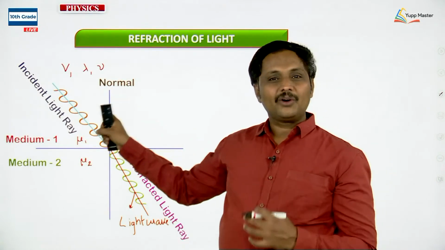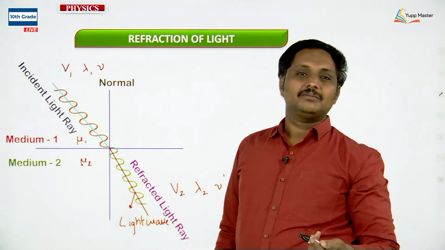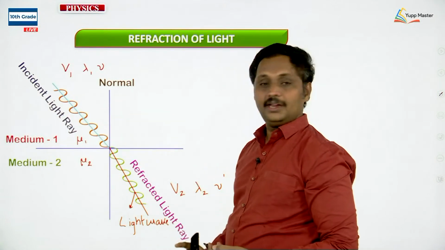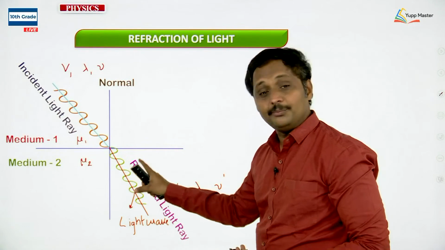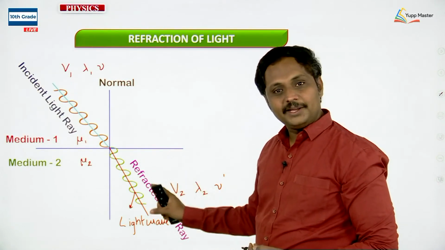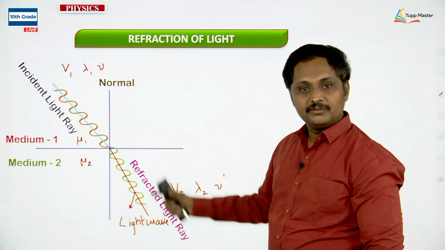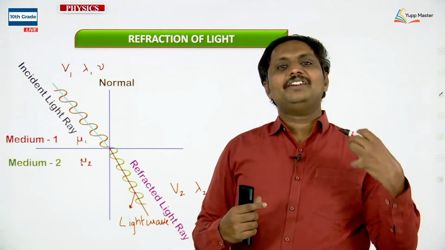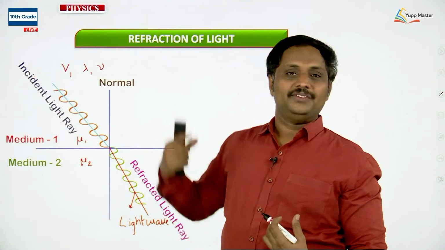Frequency means the number of oscillations made in 1 second by the incident light ray in the rarer medium. At the same time, the number of oscillations made in medium 2, the denser medium, is the same. It has been shown. So the change is in terms of speed, not in terms of frequency.